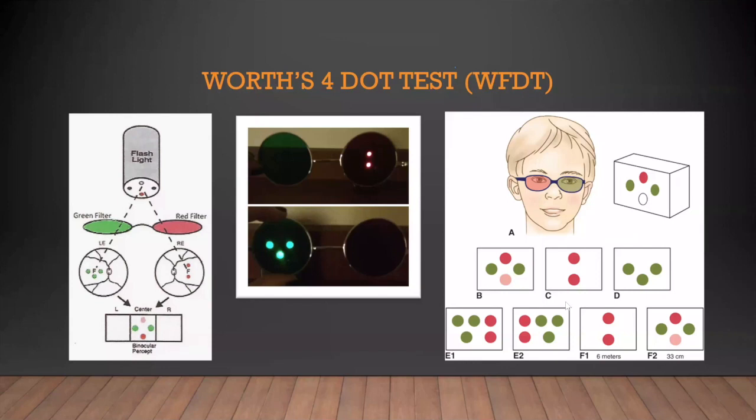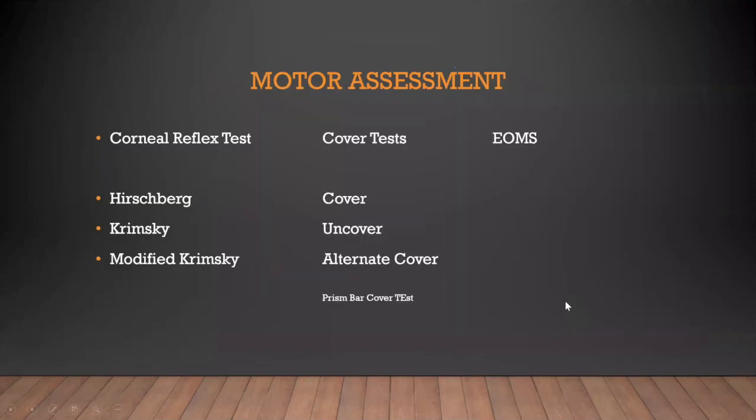Okay, great. Now, you always want to start with your sensory examination first, followed by your motor examination. Why do you want to do that? Because sensory examination tells us the status of your two eyes when they're trying to fuse.